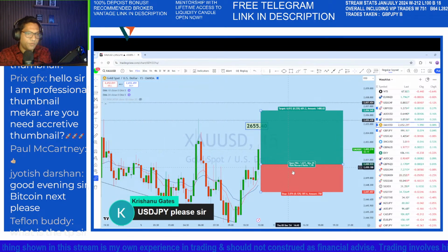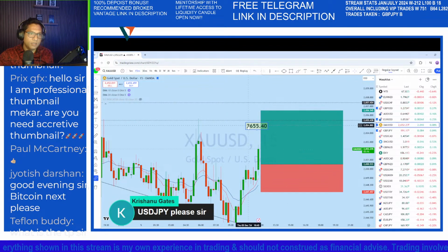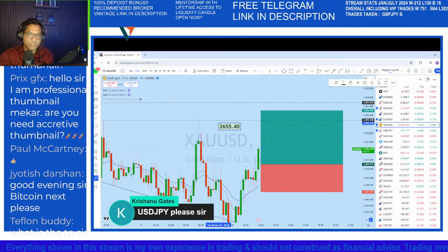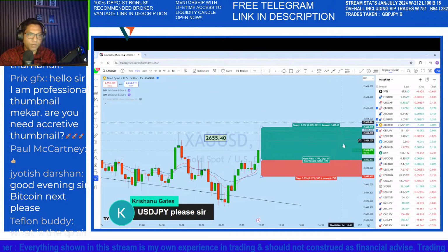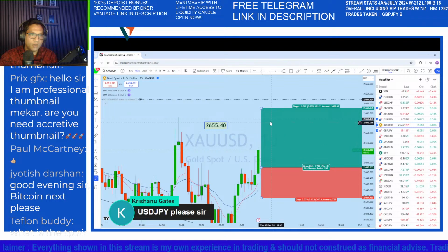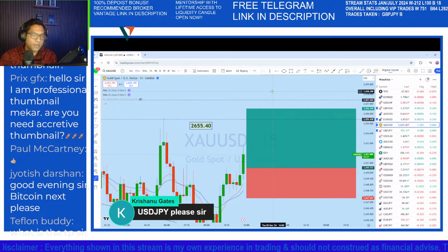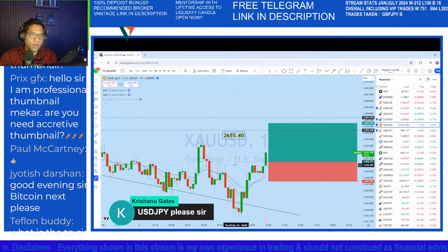Okay, so if you look at the 15 minutes, you can see that this is a bullish price action here, and with that bullish price action, we can expect the market to return to the upside to create a new higher high.